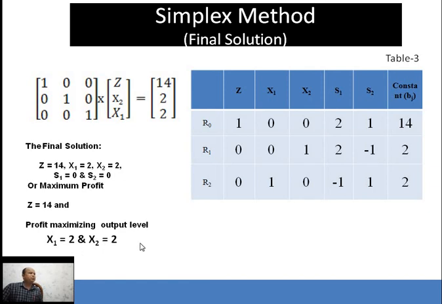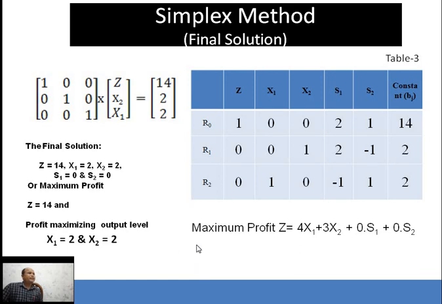Now we can prove whether it is correct or not by substituting the values of x1 and x2 in the objective function, as we got in the beginning of this slideshow.